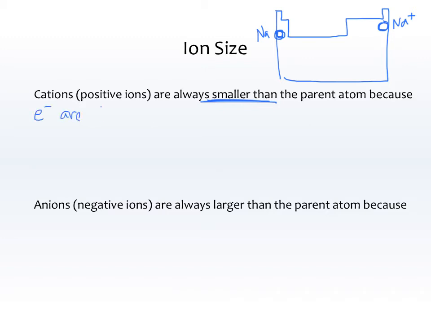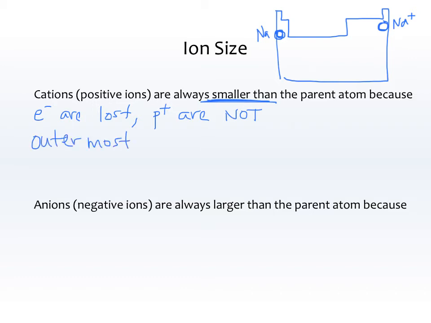Electrons are lost. Protons are not. And so this allows the further out electrons to be pulled closer to the positive nucleus, and the amount of positive charge pulling on each electron increases. So if we think about Coulomb's law, now there's a greater magnitude difference of charge. Additionally, many atoms lose their outermost shell when they lose their valence electrons, and therefore their radius will decrease dramatically. Electrons are lost, protons are not.